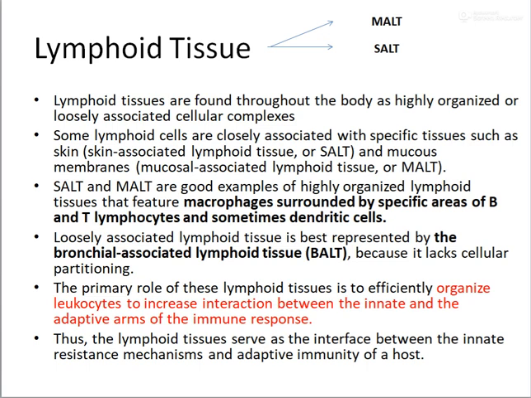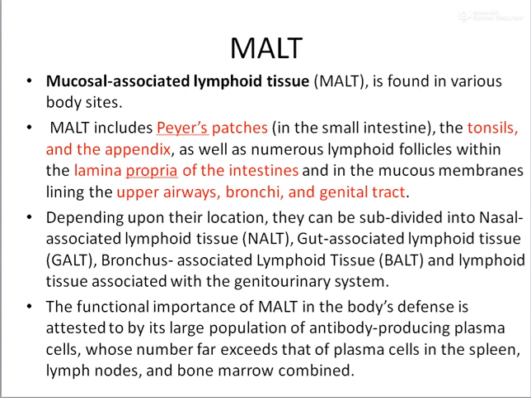The first one we are going to talk about is the mucosal associated lymphoid tissue. MALT has been found in various body sites. Sometimes it is found in the small intestine, where it's called the Peyer's patches, or within your tonsils, in your appendix, in the lamina propria of the intestines, in the upper airways, bronchi, or in the genital tract.